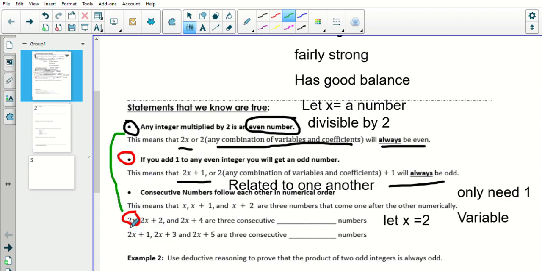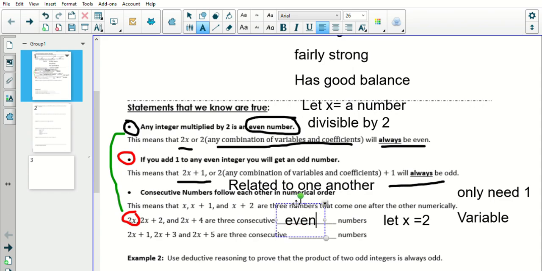So I'm going to have an even number, an even number plus 2, and an even number plus 4. Are they consecutive? They're not 2, 3, 4. Instead, they're what we call consecutive even numbers.